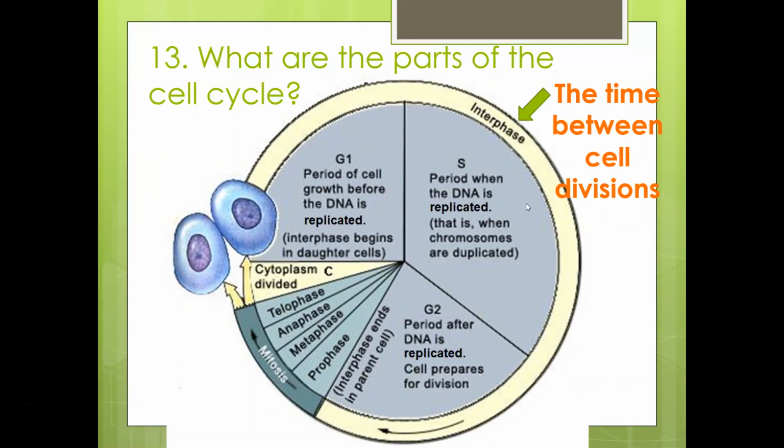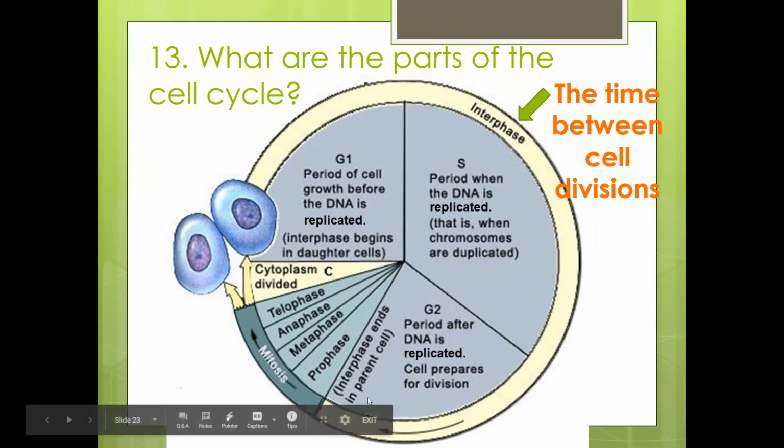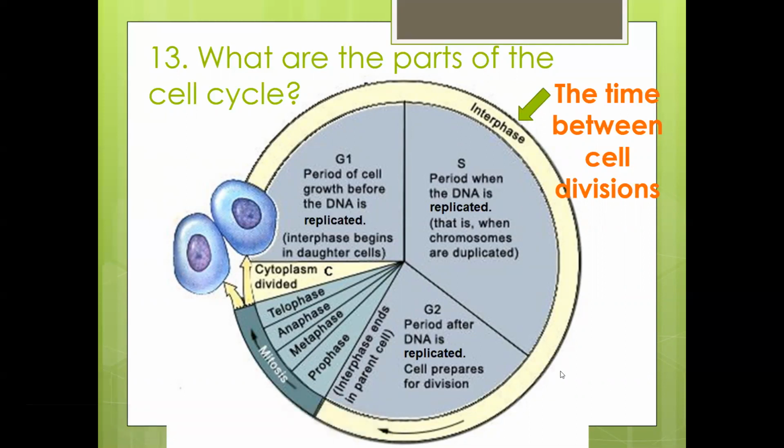Then you have the S phase, and during that period, DNA is replicated. That is going to take a while, because remember, you have a lot of DNA in your cells, so that replication takes a long time. And then G2 here, and that's the period after DNA is replicated, where the cell itself is preparing for division.